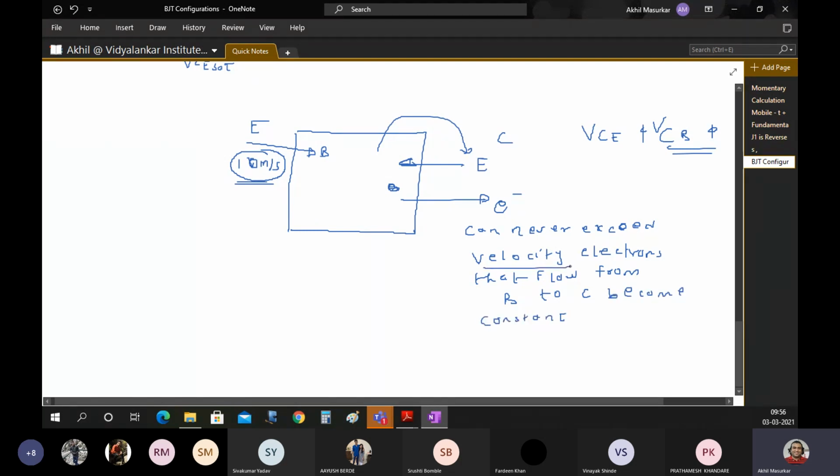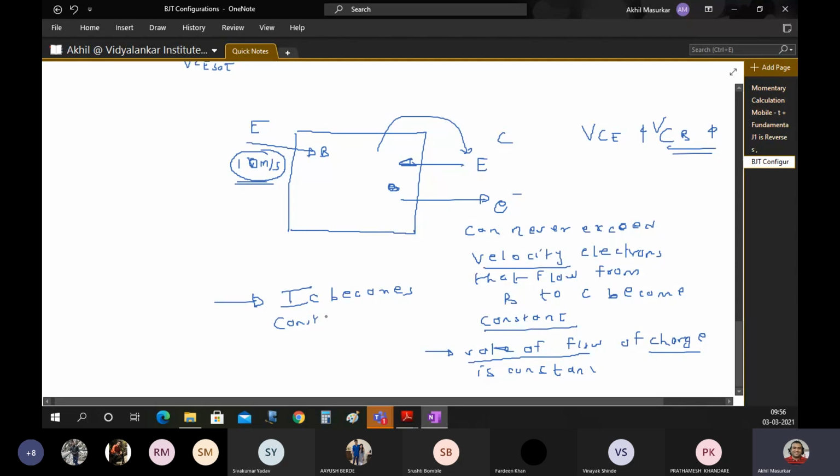So velocity becomes constant means what? Rate of flow of charge is constant, and rate of flow of charge means what? IC becomes constant, and the deciding value is VCE sat, and this value is typically 0.25 volts.